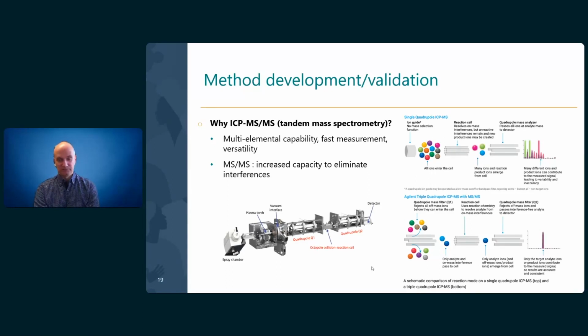So then you can use the cell to react the analyte or the interferences, and in such a way you can get rid of the interferences, or to make an adduct for the analyte of interest and to shift the mass, and then detect only the analyte of interest. So this is the huge advantage of using the tandem mass spectrometry.